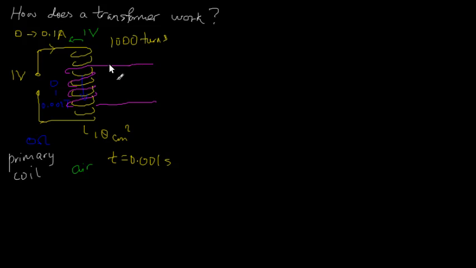I'm going to wrap this directly around the primary coil. So this arrangement would look a bit different from the picture we normally see of a transformer, which usually has a rectangular piece of iron with the primary coil on one side and the secondary coil on the other side.